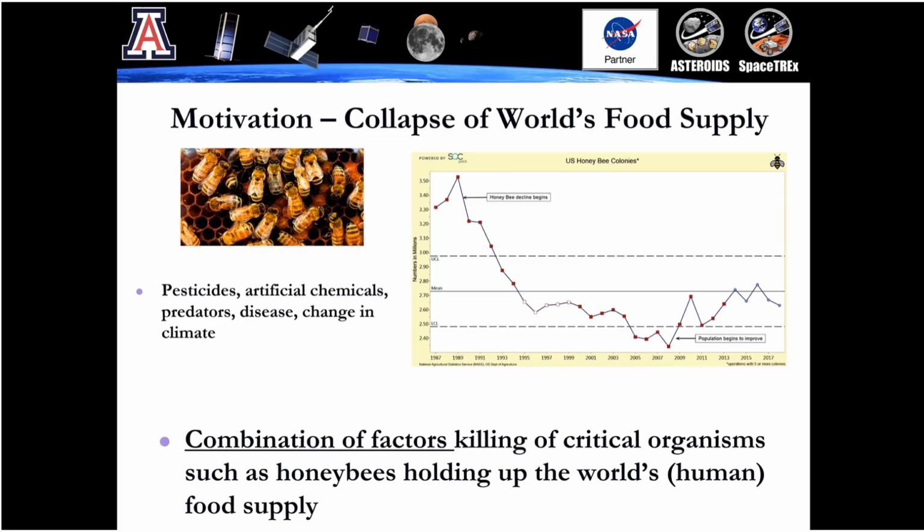In particular, things like pesticides, artificial chemicals, predators, diseases, and changes in climate all can impact honeybees, which in turn impacts pollination and thus results in mass loss of crops. What we've seen over the last 20 years or so, actually the last 30 years, has been a rapid drop in honeybee population. It has recovered a bit since 2009, but it has never really quite recovered to its original state.